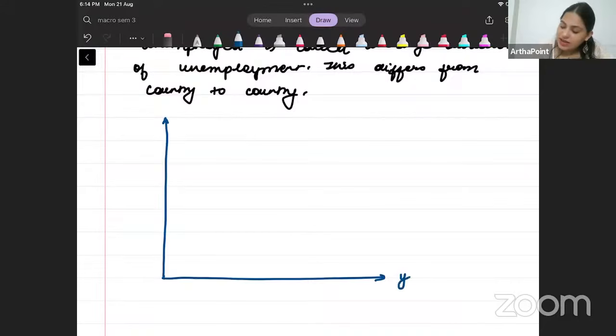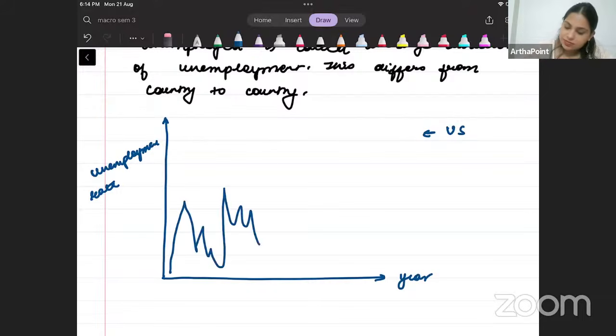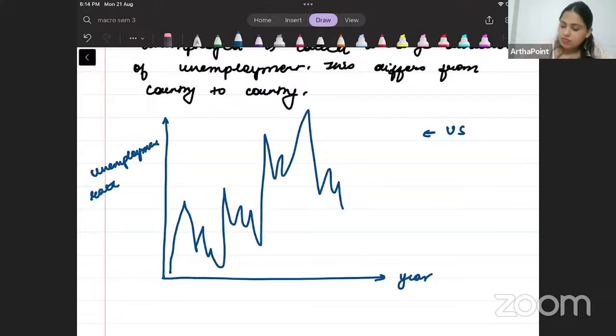So let's say I take year here, and let's say I take unemployment rate here. Right? This is again a US data that I'm teaching you. Let's say that beta, the data set looks something like this. ये important नहीं है, समझो कि क्या हो रहा है और कैसे हो रहा है.